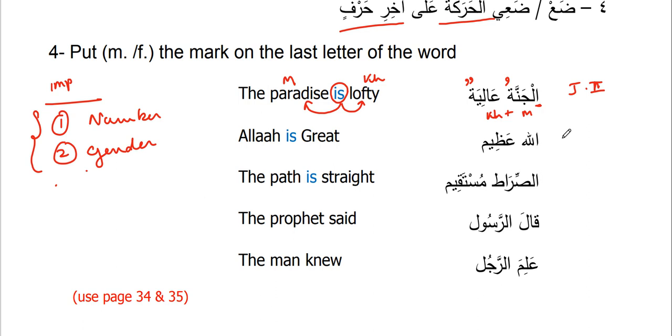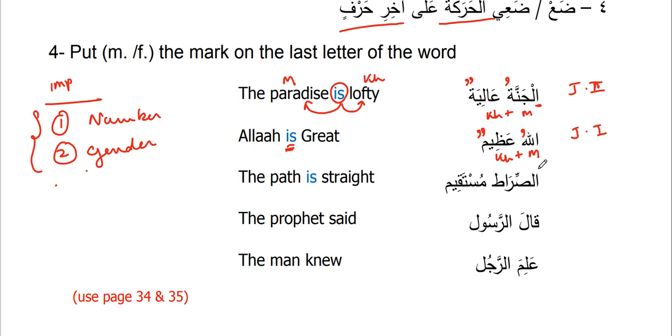So we have mubtada, and right after mubtada, apply your formula, khabar. So I know mubtada has a dhamma and khabar also has a tanween dhamma. What is the information coming about the lafzul jalala? Allah, that He is Alim. Allah is great. So we know how to put the harakas. Both are in marfu case, mubtada and khabar, both marfu.